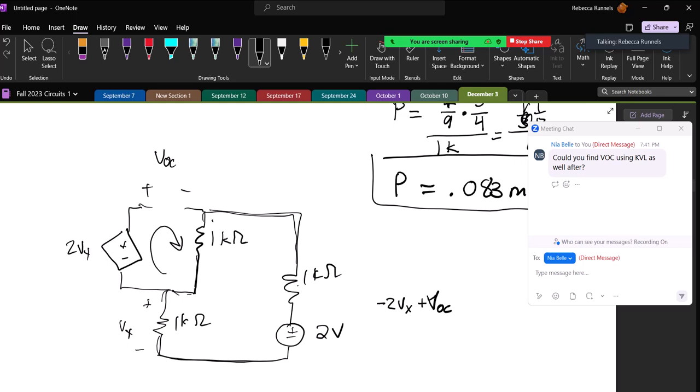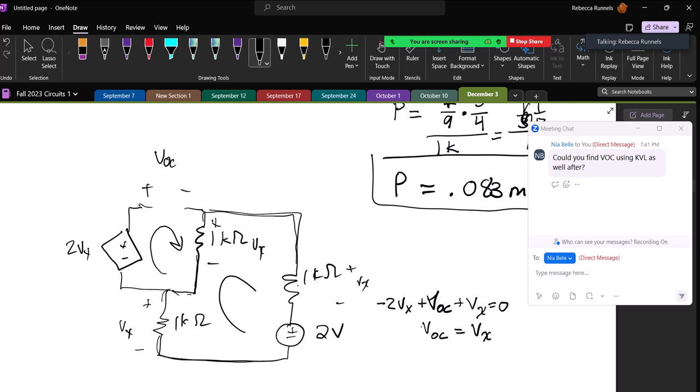This is plus, yeah. So this will be plus Vx. So in this loop, these are all going to be plus Vx across them. So that would be 0. And then that would tell me V open circuit equals Vx. So I have that.